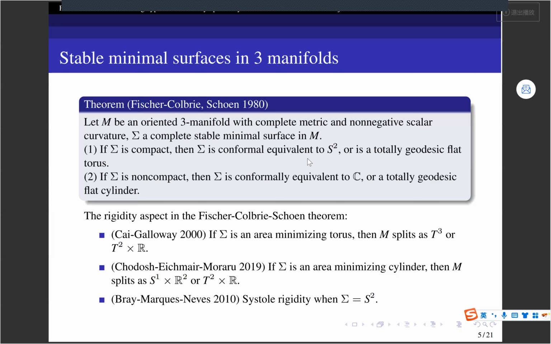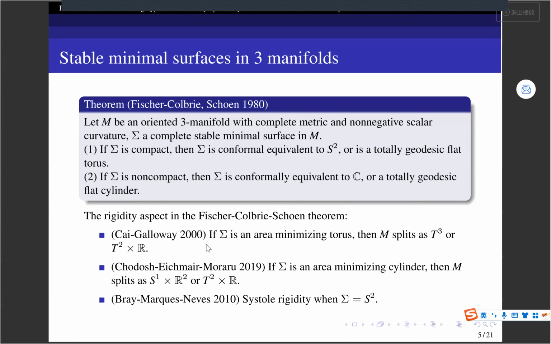Subsequently, many people also studied the rigidity aspect of the Fischer-Colbrie–Schoen theorem. In this theorem, they always consider a stronger assumption, that sigma is area minimizing, and they deduce the global rigidity for the ambient space.